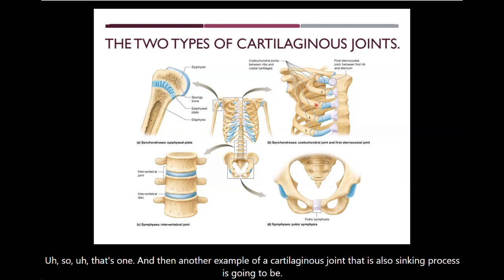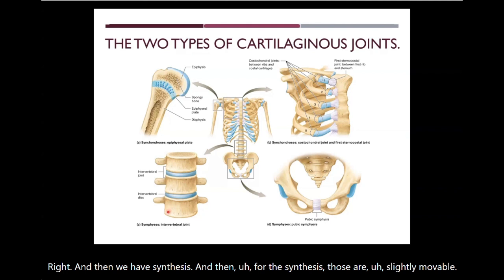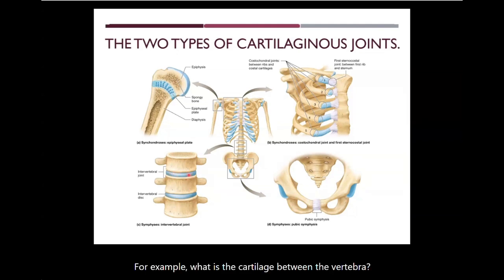Another example of a cartilaginous joint that is also synchondrosis is going to be the costal cartilage. Do you see these costal cartilages? That joins the ribs to the sternum, right? And then we have symphysis, and the symphysis joints are slightly movable. For example, what is the cartilage between the vertebrae?